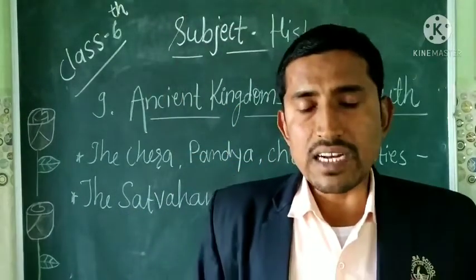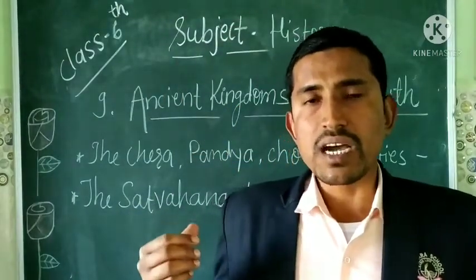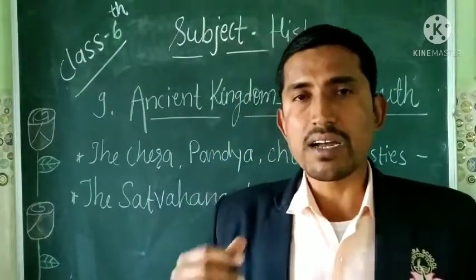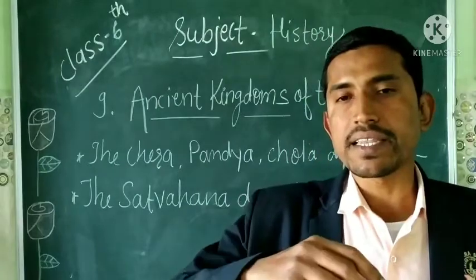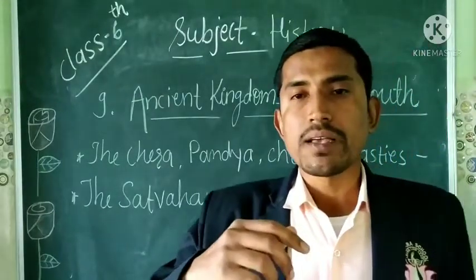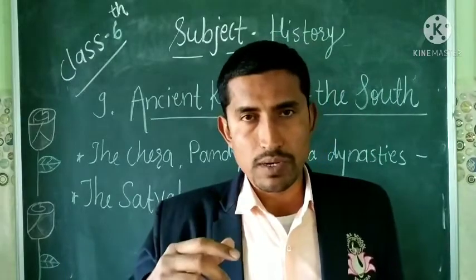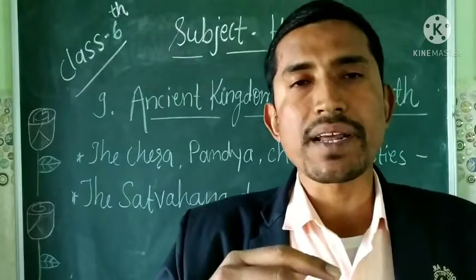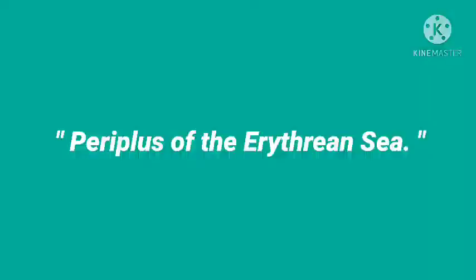As I told you, the 3 dynasties are mentioned in the Ramayana and in the Mahabharata. Not only this, they have also been mentioned in a book from the period of the Maurya Emperor Ashoka, and the book's name is Periplus of the Erythraean Sea.